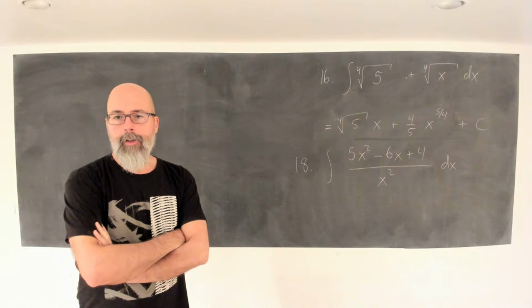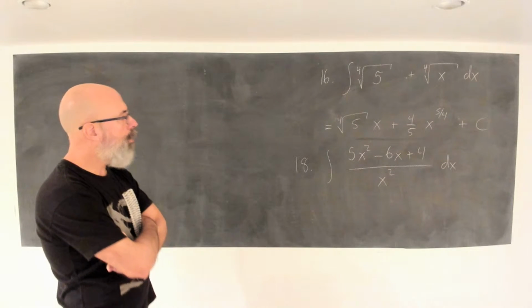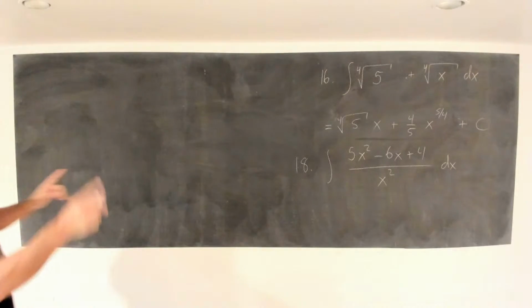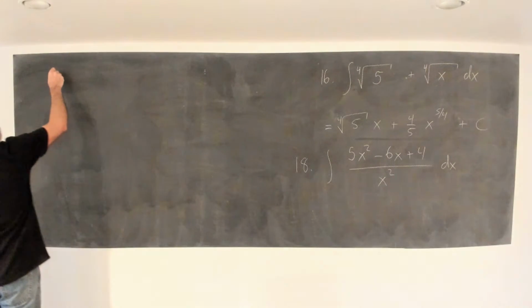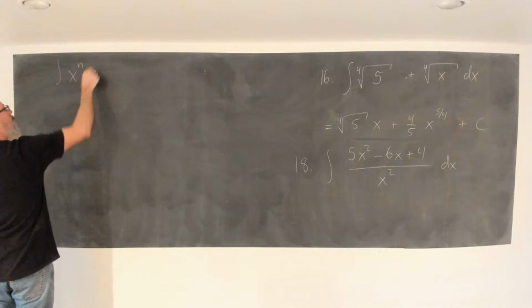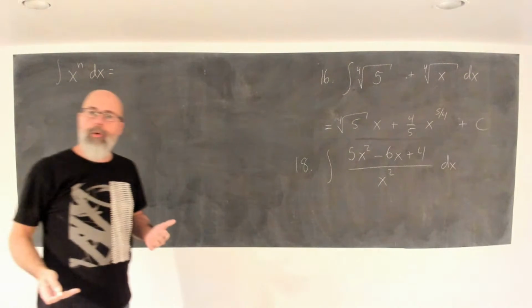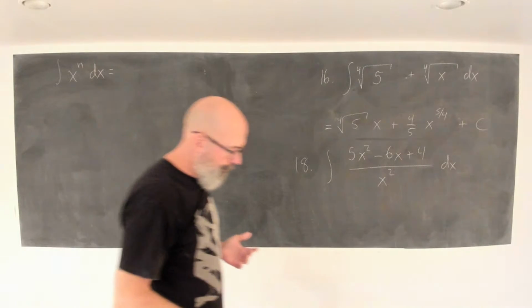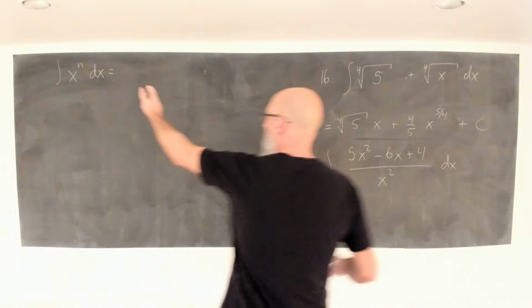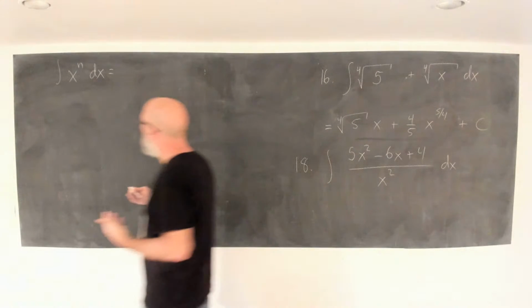Pia, is it fair to say that antiderivatives have a bit of trial and error? Not so much. No, because remember here, we are using a formula, right? We saw the antiderivative of a power of x from working backwards with the derivative.